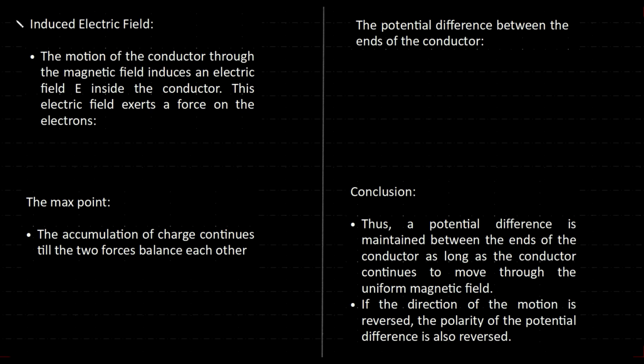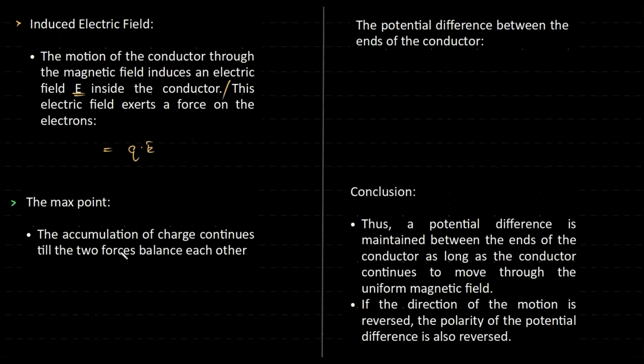Next, induced electrical field. The motion of the conductor through the magnetic field induces an electrical field inside the conductor. We saw why. Charge starts accumulating. By default, we have an electrical field. The force is QE, if E is the electrical field. That's the whole idea of newton per coulomb, the force experienced per unit charge.